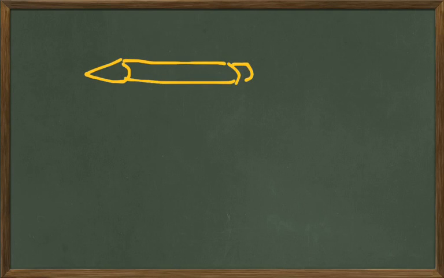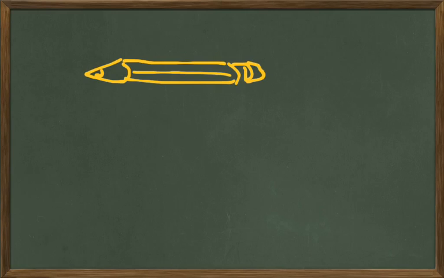All right, one more problem. At 10 cents a piece, what will be the cost of 4 lead pencils? All right, so let's say we got a lead pencil. So we got lead pencils that cost 10 cents a piece. So this pencil costs 10 cents.